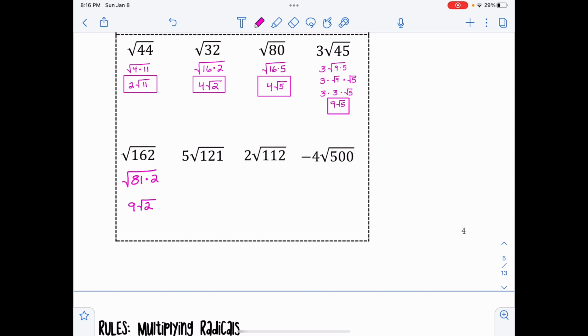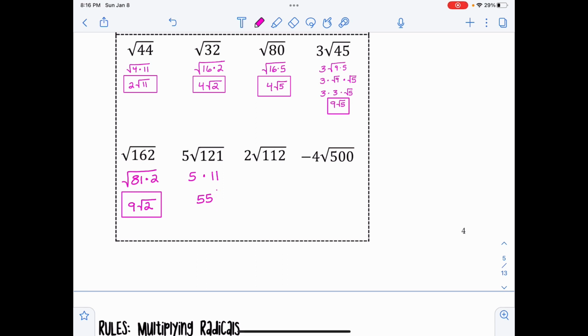And square root of 2 just stays right there under the radical. 121. Square root of 121 is, of course, 11, because that is a perfect square. So there's my answer. Don't forget about the 5.